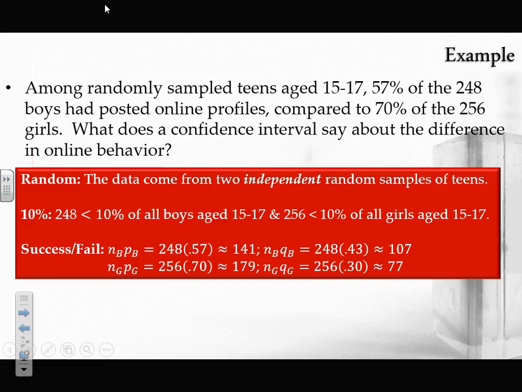So we need to do that for both, because with these proportion problems, when we get decimals, remember in our calculator, it's not going to accept decimals for an x value. So when you check your conditions, make sure you're rounding to the nearest whole number when it's something that needs to be a whole number. So we need to have a whole person to be accounted for.